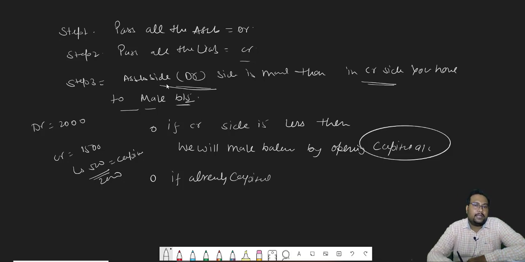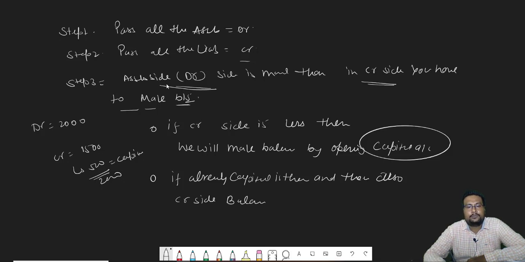But second, if capital is already there on the credit side, then we cannot open the capital account because the capital account is already there.